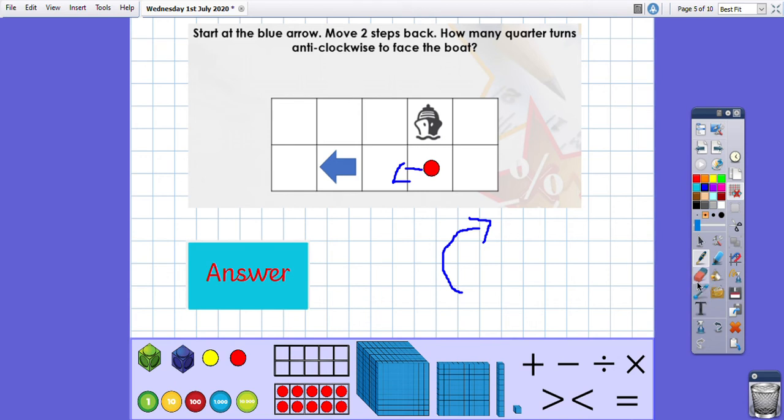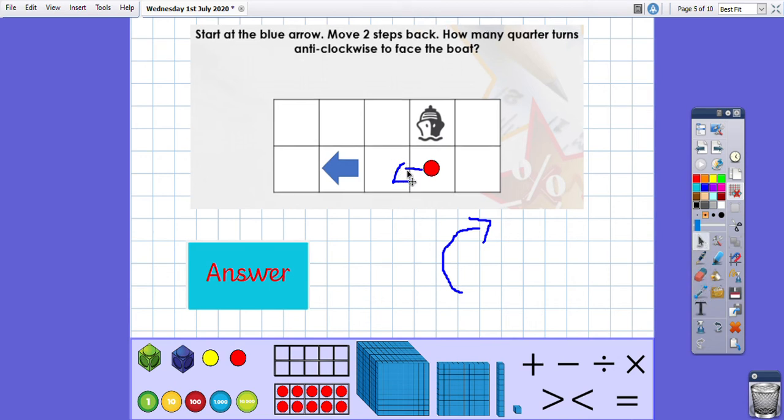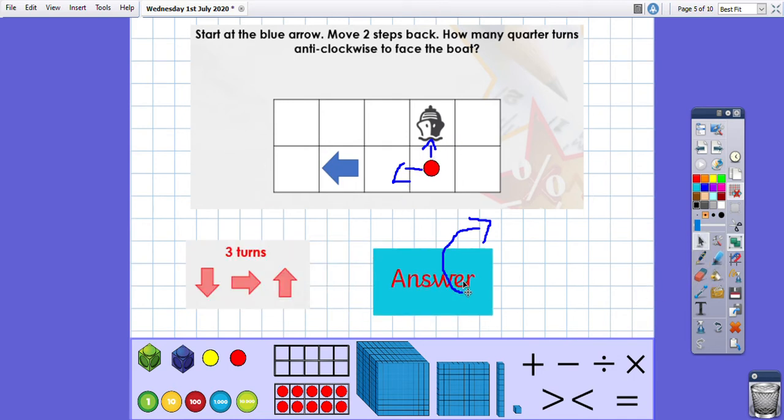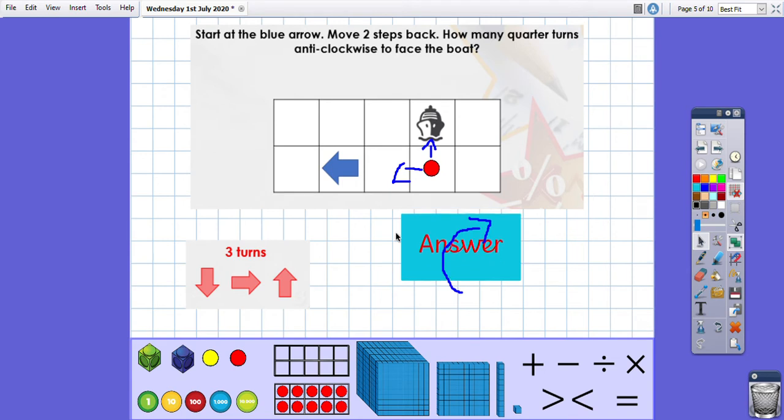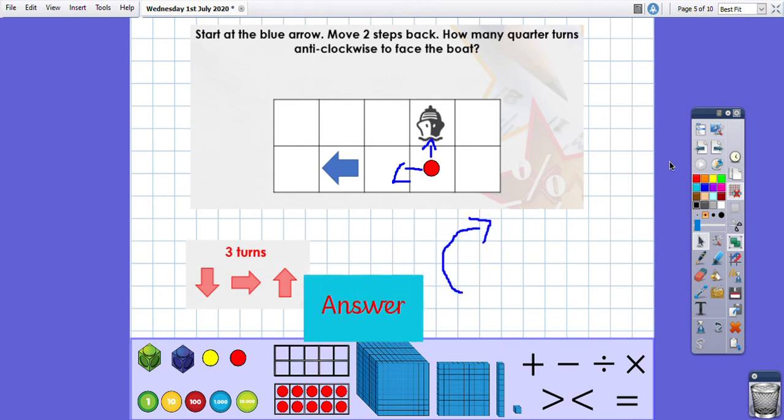If I turn my really bad arrow, it would be facing this way after 1/4 of a turn. So that is what it would be if you did it in arrows. Okay, so there's a couple of ways you can do it. There's the arrow answer, and there's how Miss French did it, okay?